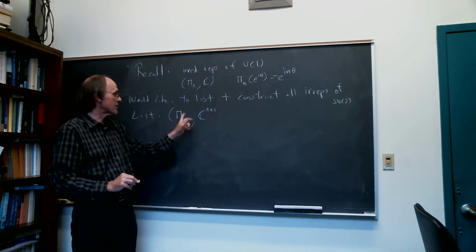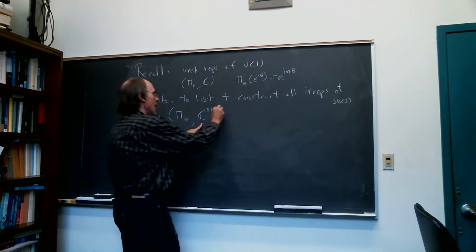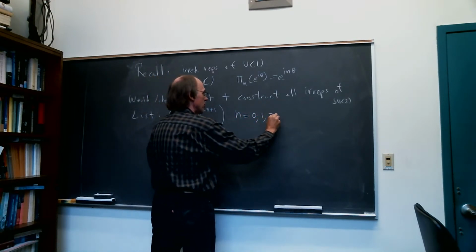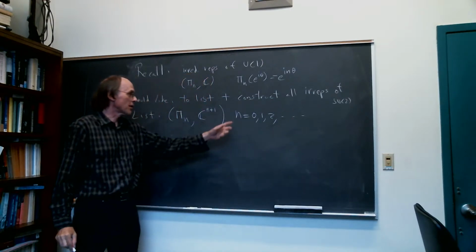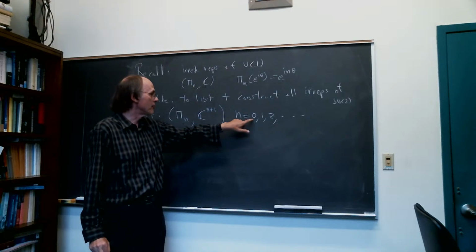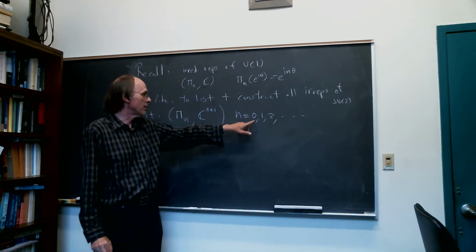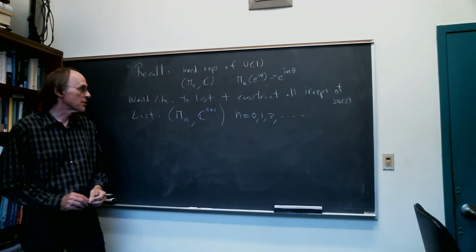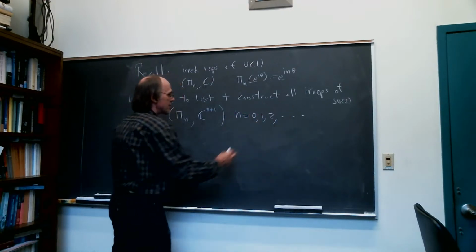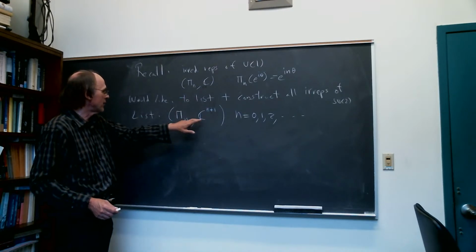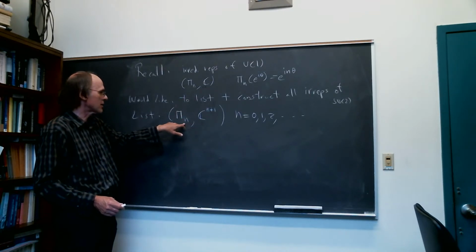So the nth representation will be n plus one dimensional, and n is equal to 0, 1, 2, etc. So you're not going to get negative n's, you're going to get the non-negative integers, not the integers.